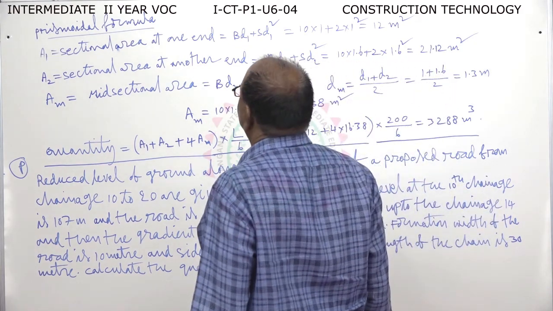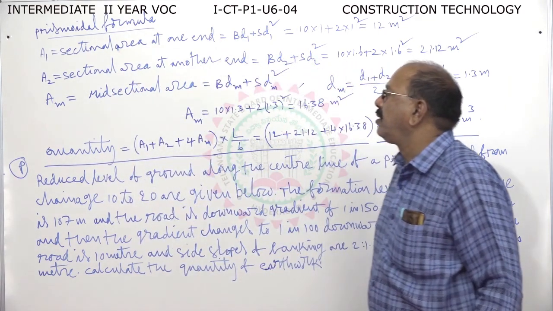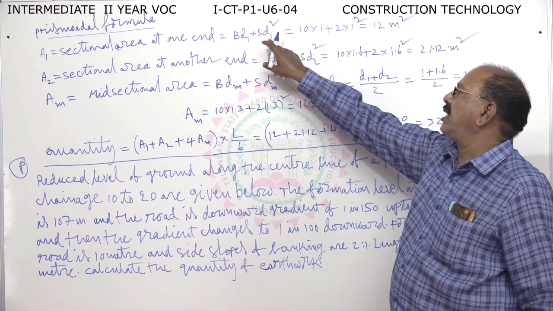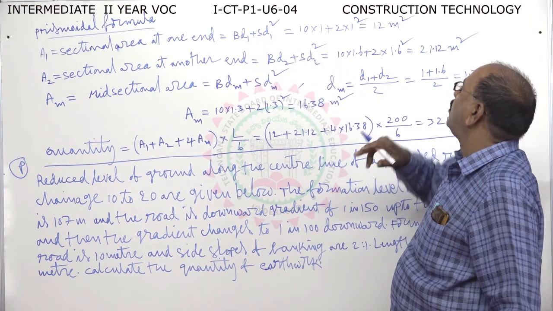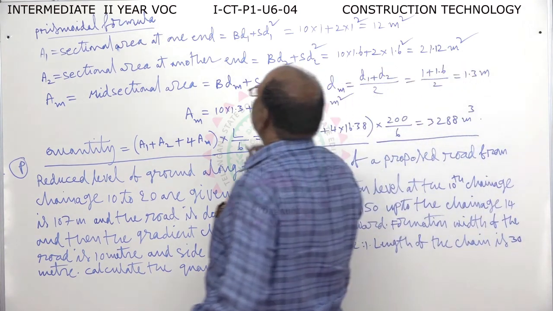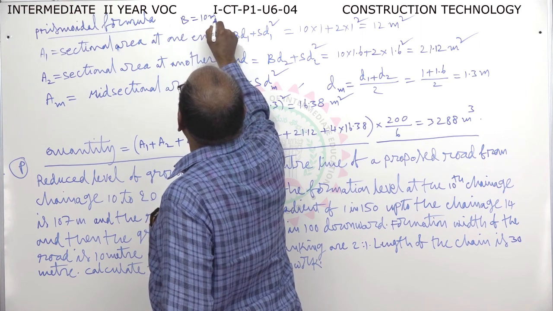In this, A1 is equal to sectional area at one end. There is a formula, BD1 plus SD1 square. Breadth is equal to 10 meters. Already, same problem. Breadth is equal to 10 meters.